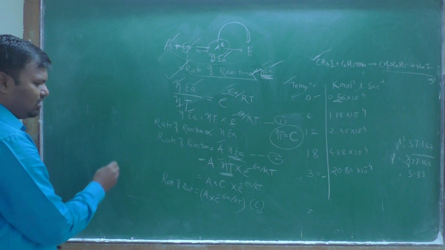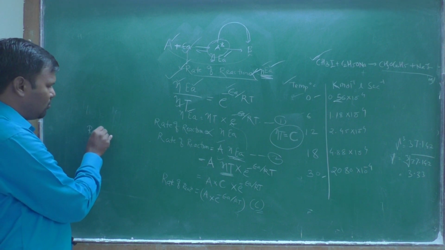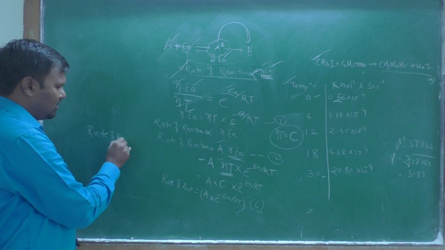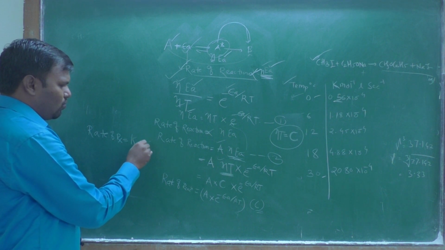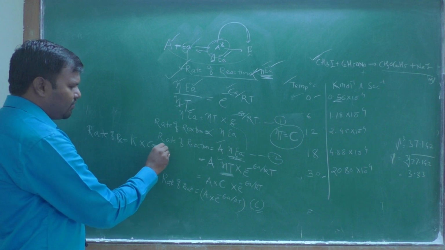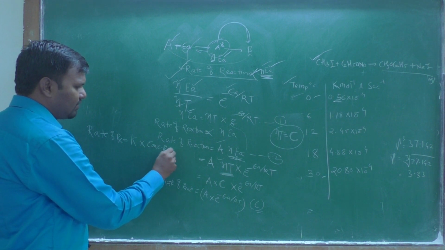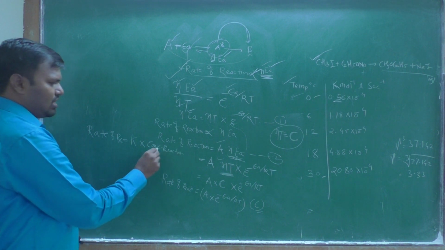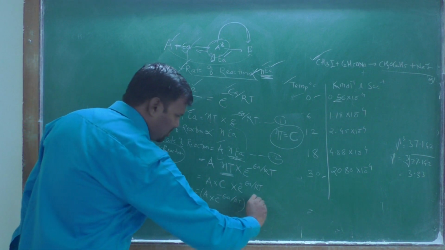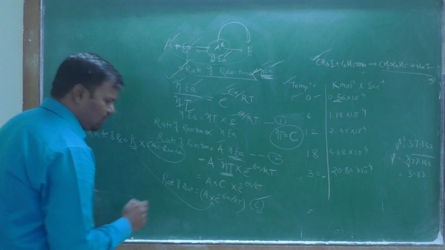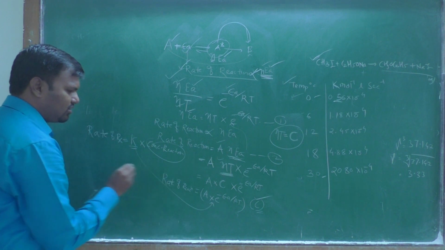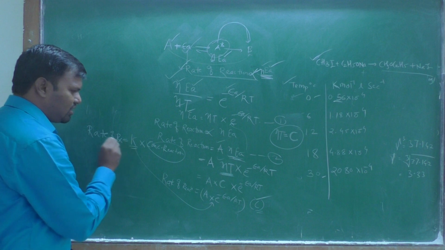By comparing this equation with rate of reaction equal to K into the concentration of reactant, the concentration of reactant is C. What about K? K is nothing but this value, because the equations are the same.